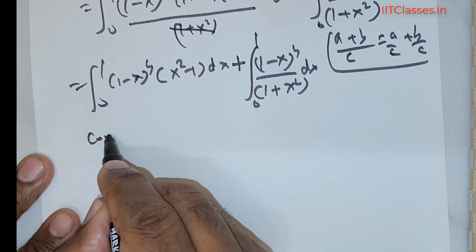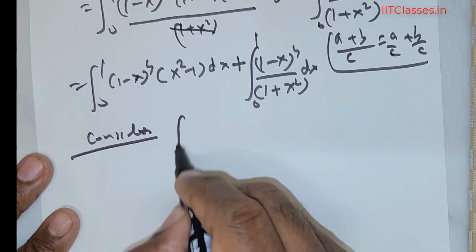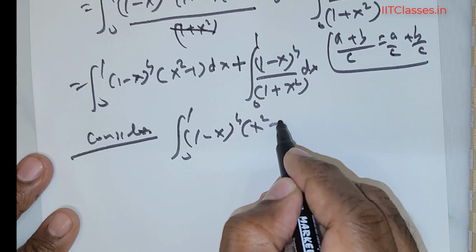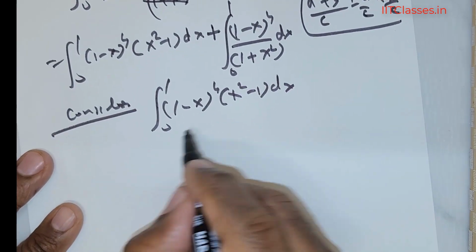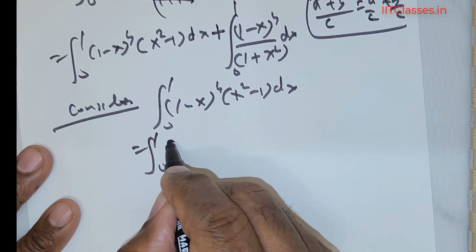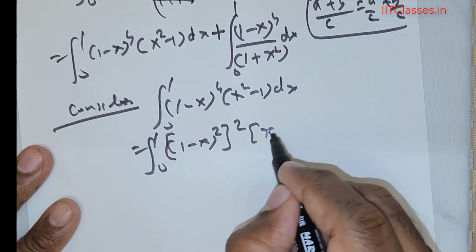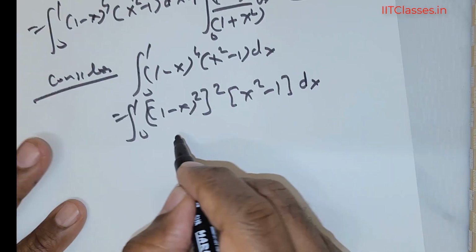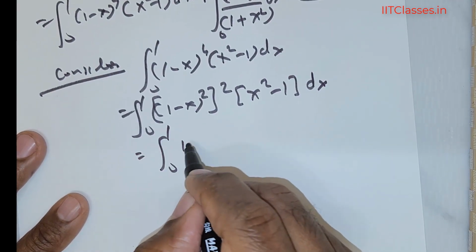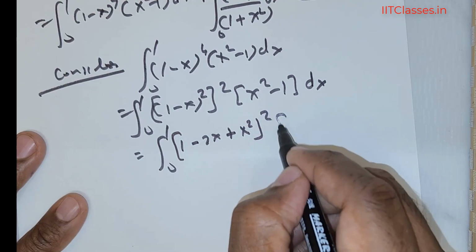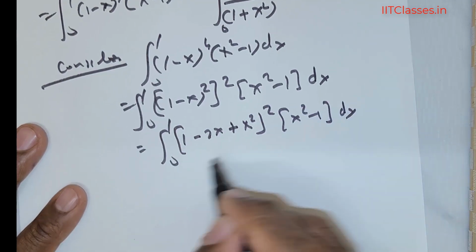Now I will have to consider this quantity first. Consider integral 0 to 1 negative x raised to the power of 4 times x squared negative 1 times dx. Now let me rewrite this as integral 0 to 1 negative x raised to the power of 2 the whole raised to the power of 2 times x squared negative 1 times dx. I expand this, I get 1 negative 2x positive x squared raised to the power of 2 times x squared negative 1 times dx.